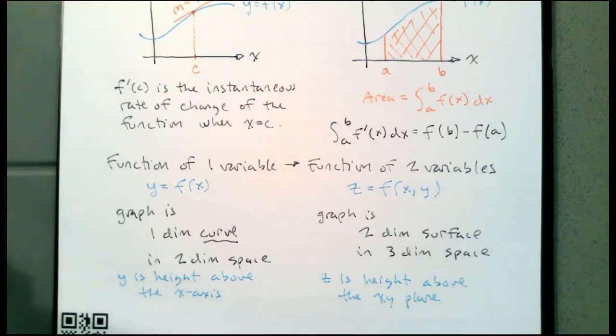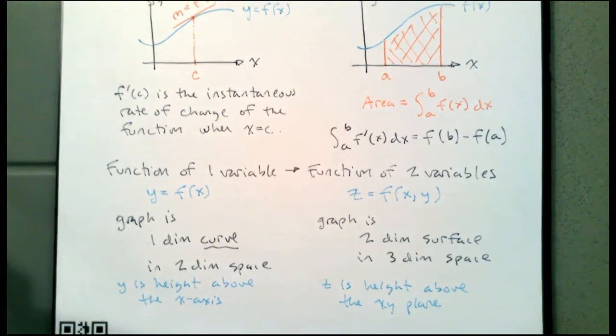Just like in a function of one variable, we had an x and a y, so we had two-dimensional space. So when we have a function of two variables, we're going to think about a two-dimensional surface in three-dimensional space. And then we're going to ask the same questions that we asked before.